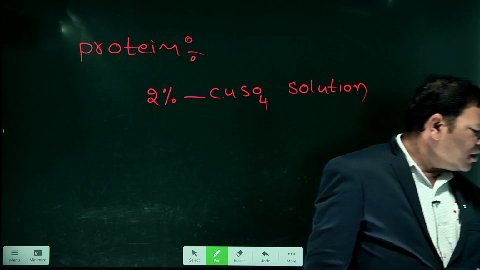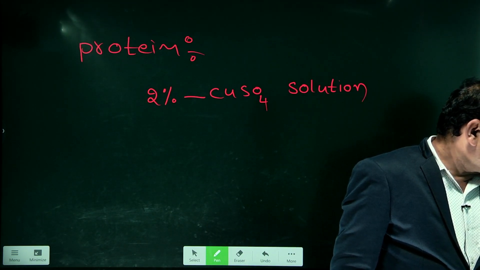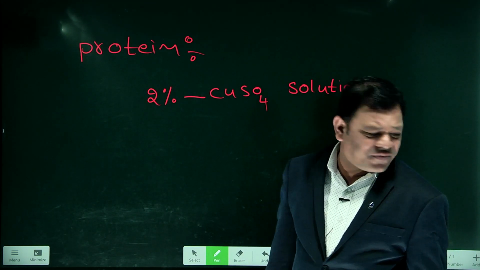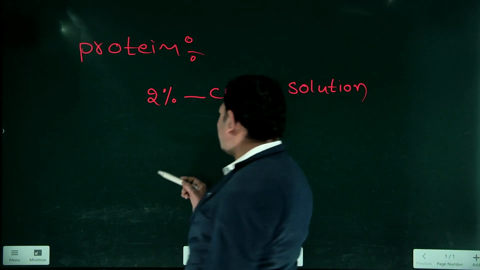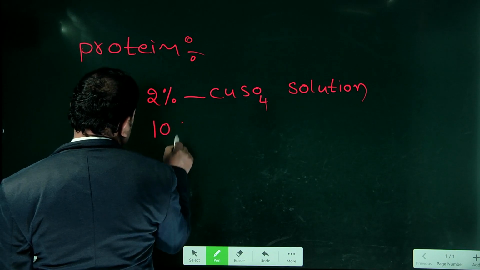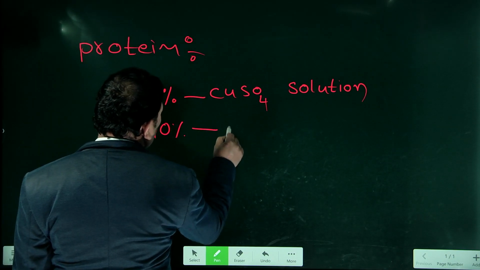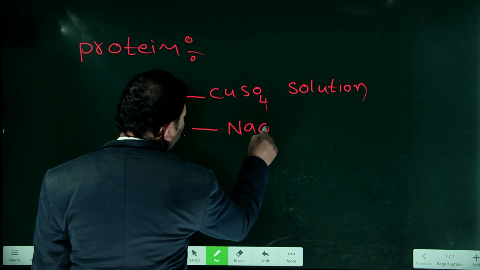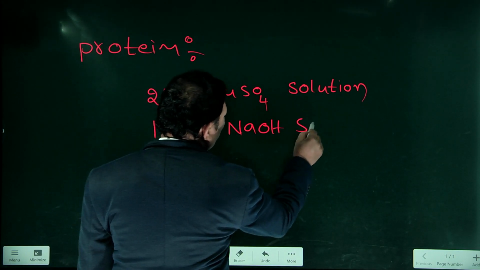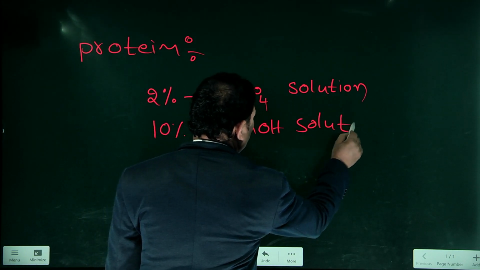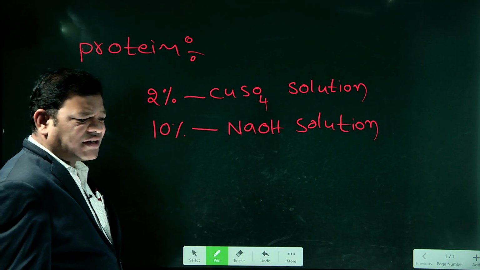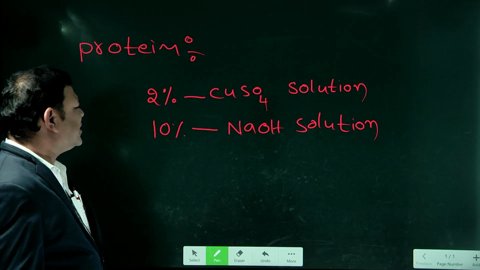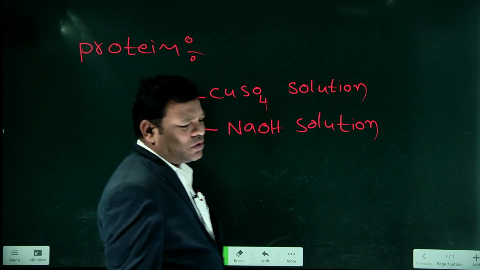The next thing is 10% sodium hydroxide. You can make this solution. Okay, 2% copper sulfate solution and 10% NaOH solution.